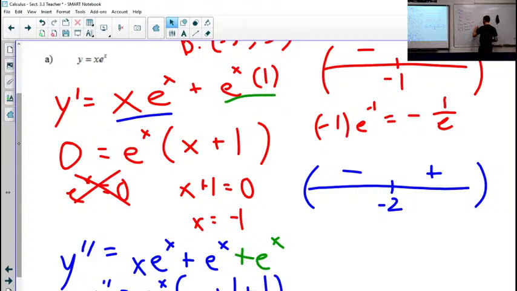-2e to the -2 is -2 over e squared. There we go, that's better.